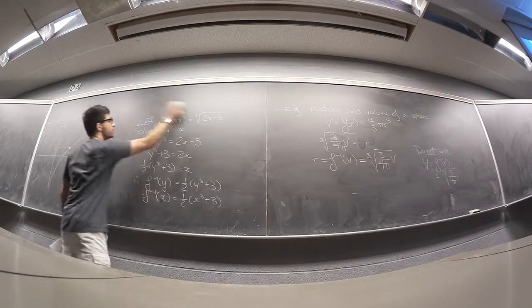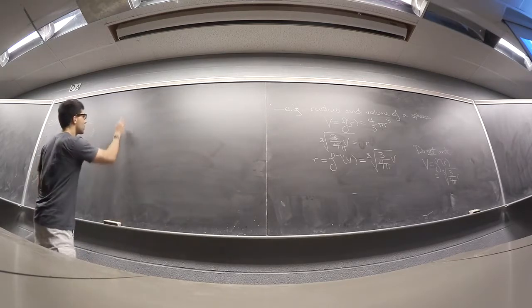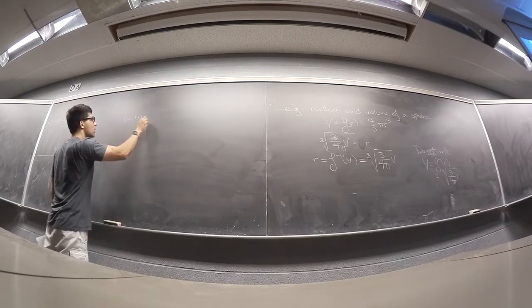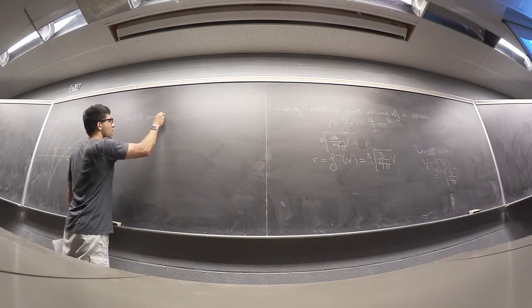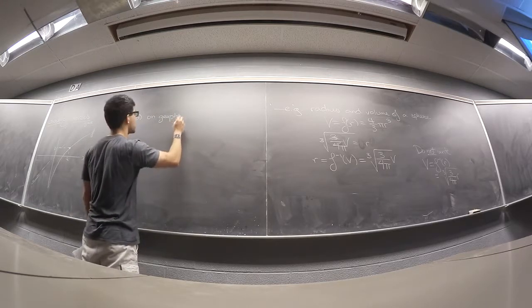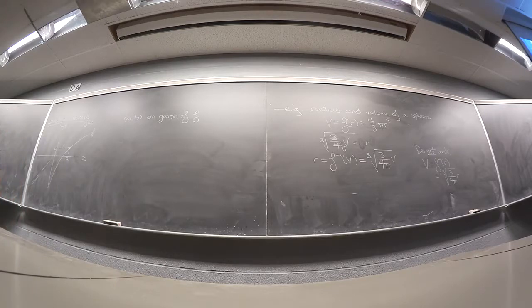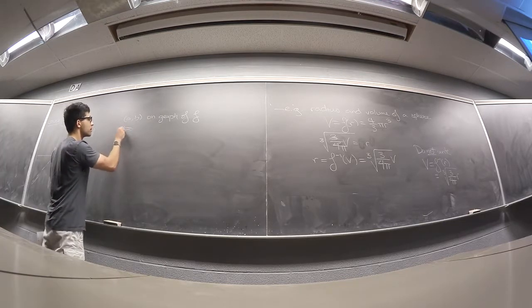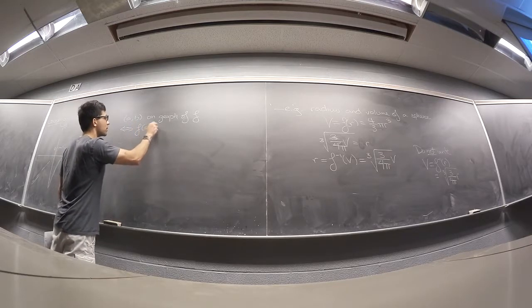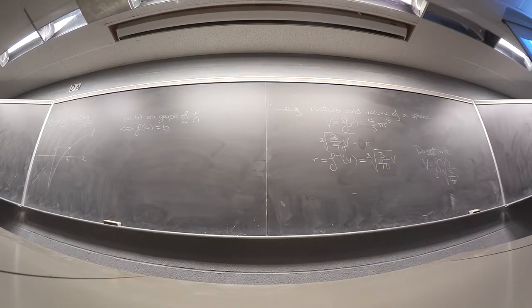So (a, b) is on the graph of f. You don't have to write this bit down as long as you understand it. What does that mean? That means that f of a equals b. What does that mean for the inverse? That f inverse of b equals a.